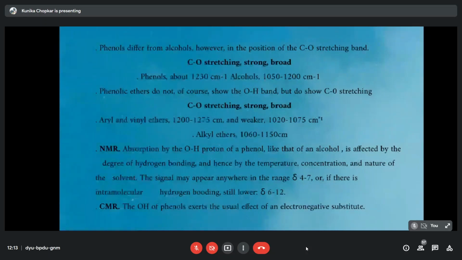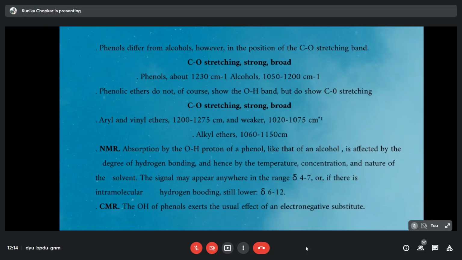The phenolic ether do not of course show OH band but show CO stretching. CO stretching strong broad. Aryl and vinyl ether 1200 to 1275 centimeter inverse and weaker 1020 to 1075 centimeter inverse. Alkyl ether 1060 to 1015 centimeter inverse. NMR, the absorption by OH proton of phenol like that of alcohol is affected by the degree of hydrogen bonding and hence by temperature, concentration and the nature of solvent.